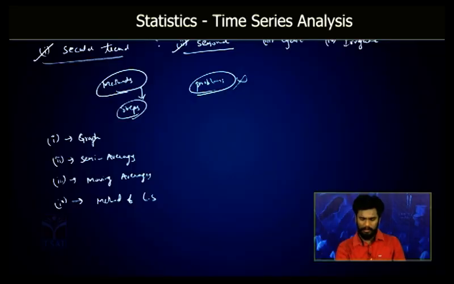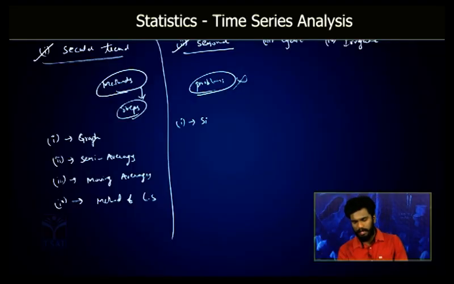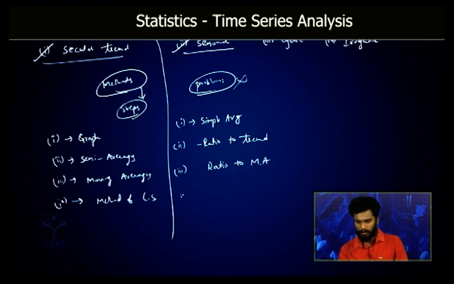When coming to seasonal variations, we have the simple averages method. The second method is the ratio to trend method. The third method is the ratio to moving averages method. The next one is the link relative method.